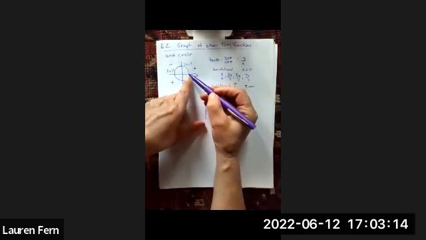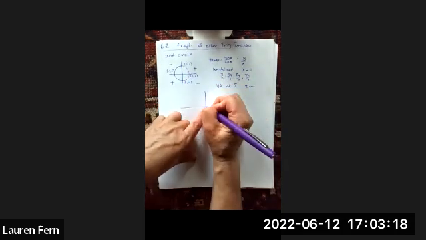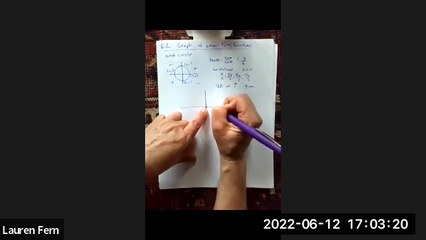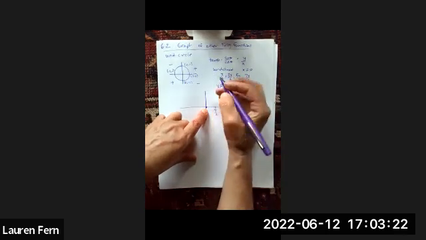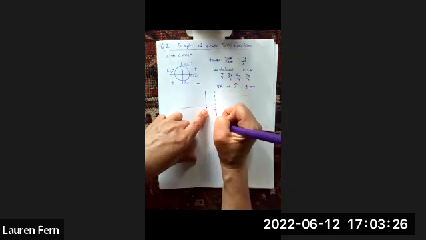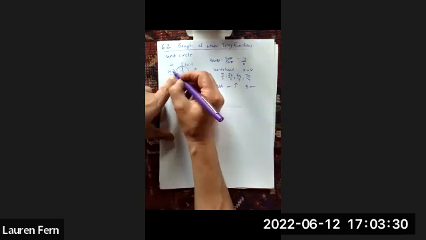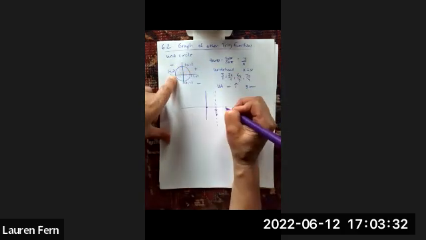So I know that the tangent of 0, it's 0 over 1, is 0. I know when I'm at pi over 2, it's undefined. When I'm at pi, again, it's y over x, 0 over negative 1 is 0.